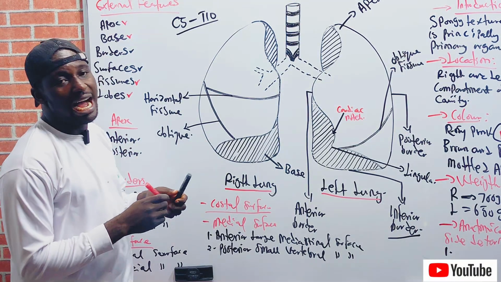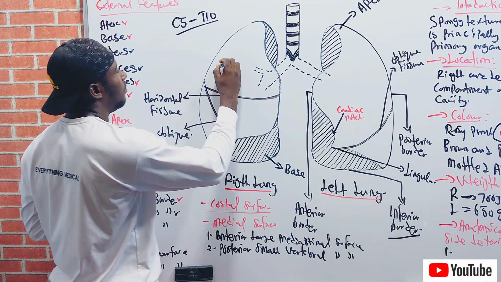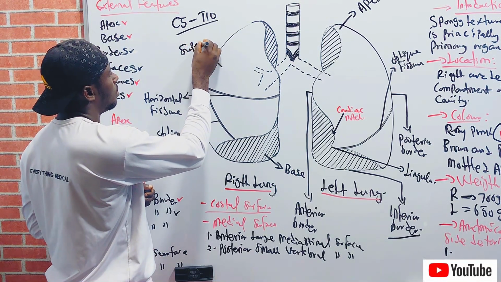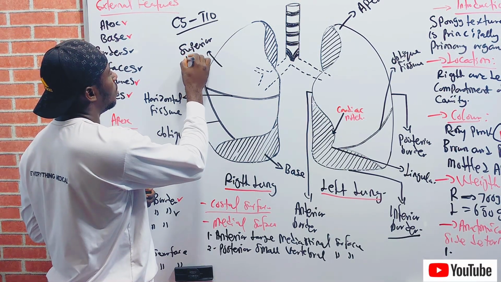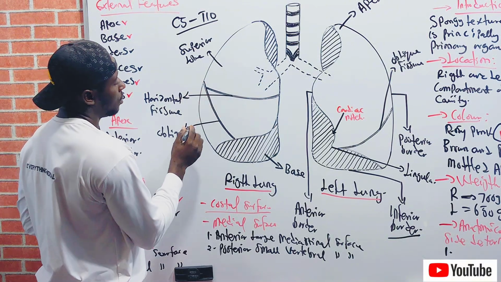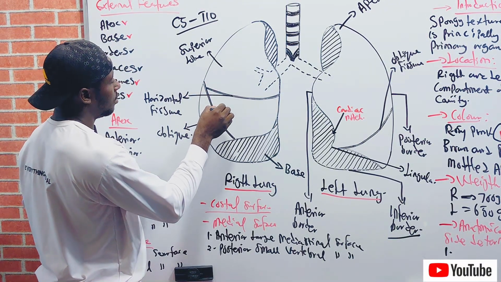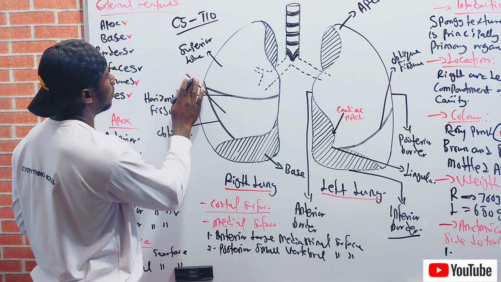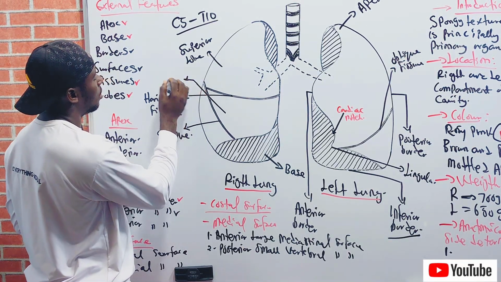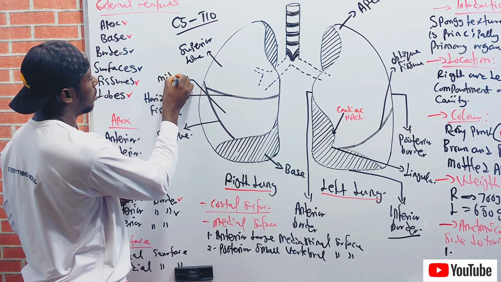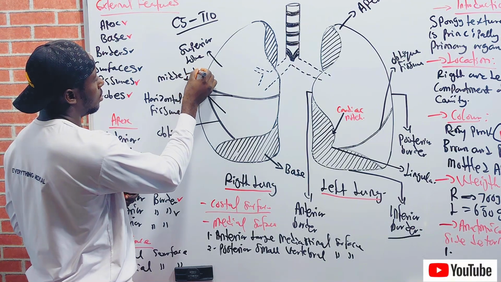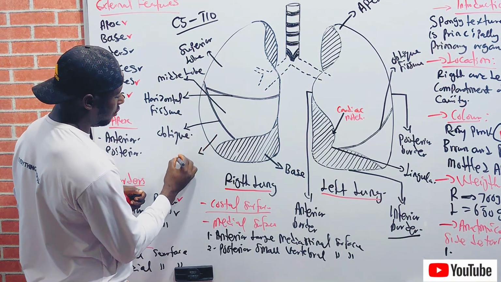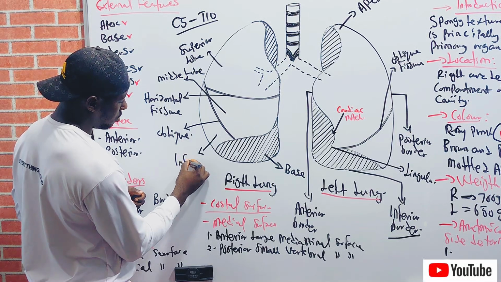Now on the lobes, the right lung has three lobes. We have the superior lobe, or the upper lobe, the middle lobe, and the inferior lobe or the lower lobe.